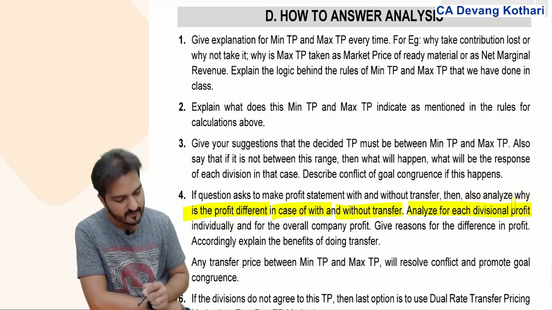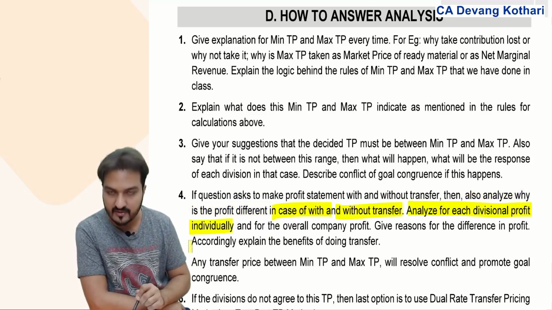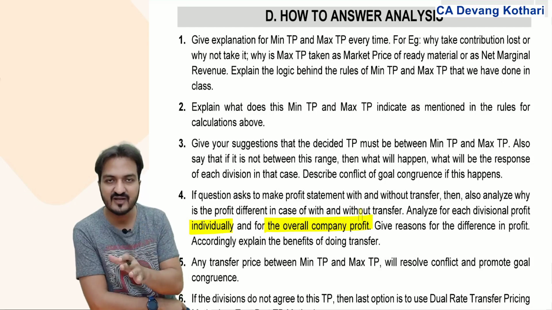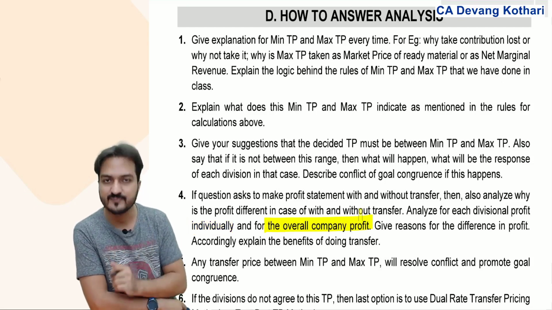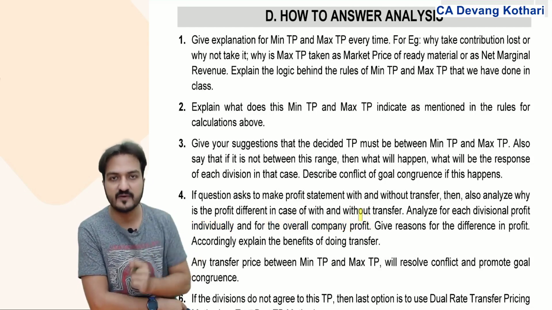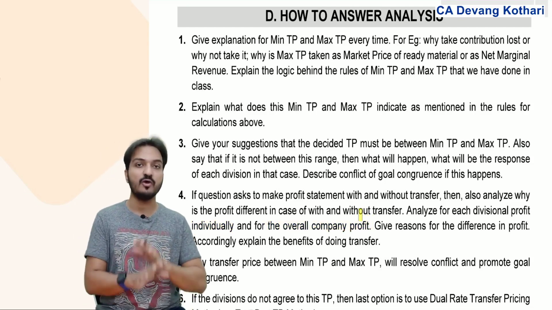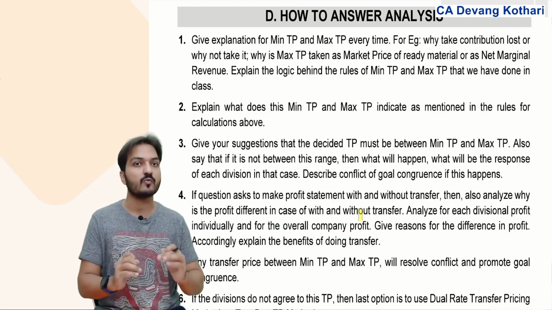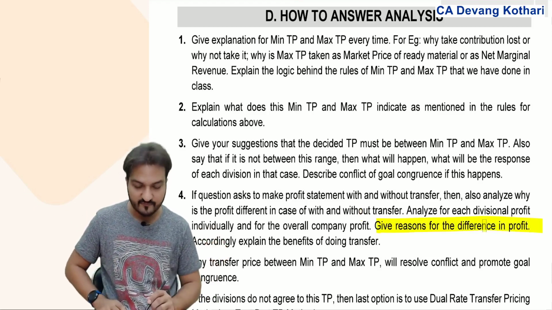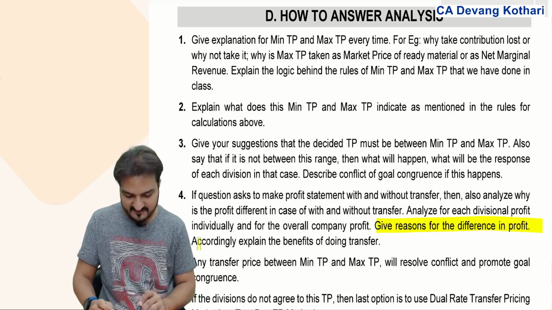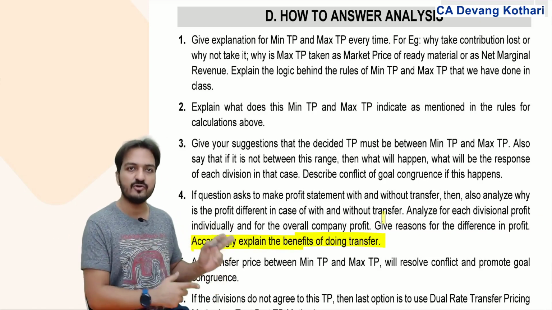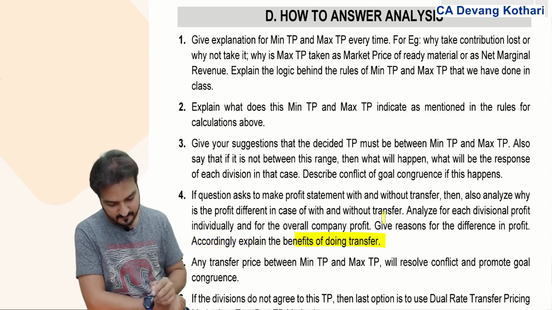Analyze for each divisional profit individually and also for the overall company profit. For division A, transfer or not, what gives better profit? Then you describe for division B, transfer or not, what gives better profit? And then for the overall company, transfer or not, what gives better profit. Give reasons for the difference in profit. Accordingly, explain the benefits of doing transfer. All that you write in your answer.